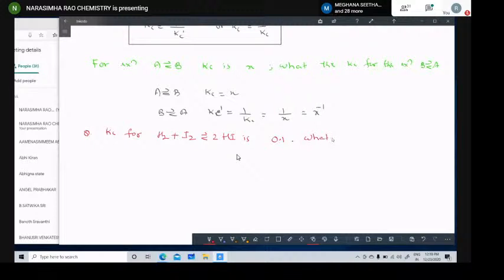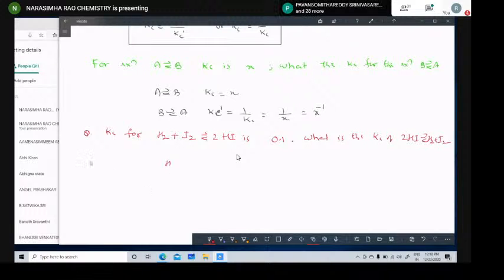What is the Kc of 2HI in equilibrium with H2 plus I2? The reaction is reversed now.